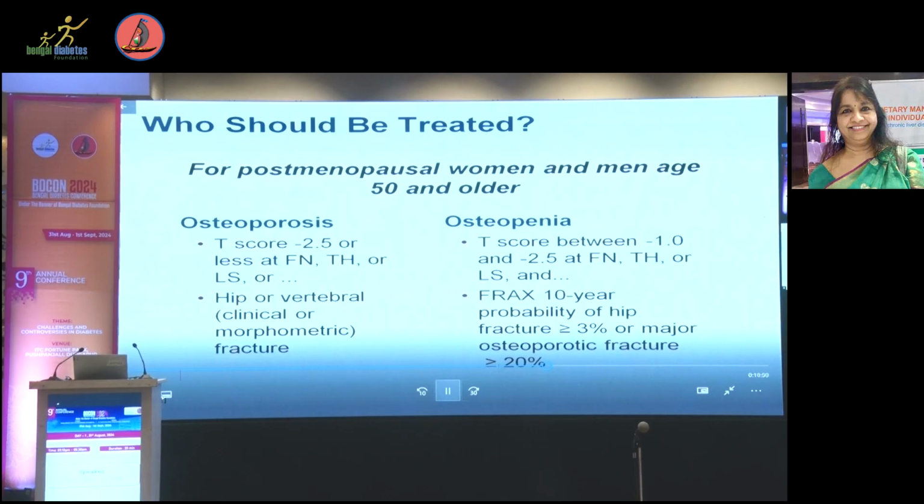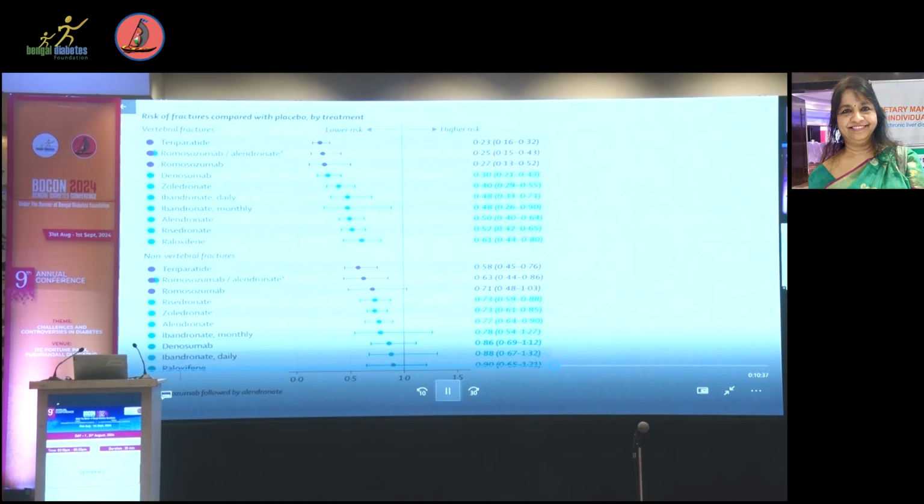And if they have a positive clinical or morphometric fracture, that's osteoporosis. Osteopenia is minus 1 to minus 2.5, and they should be treated if the FRAX probability of hip fracture is greater than or equal to 3%, or major osteoporotic fracture is 20%.